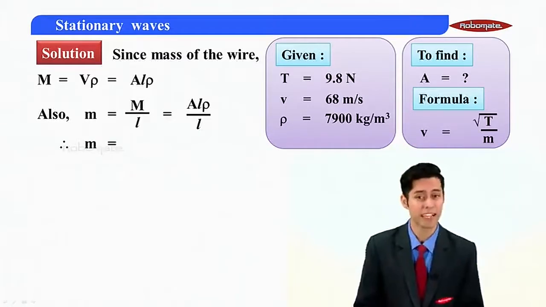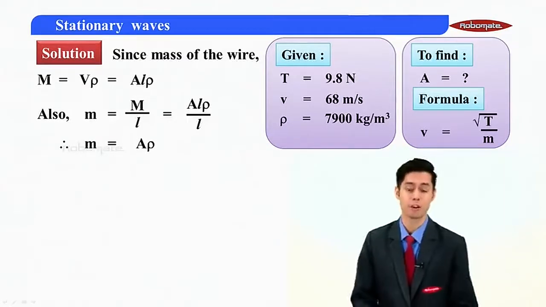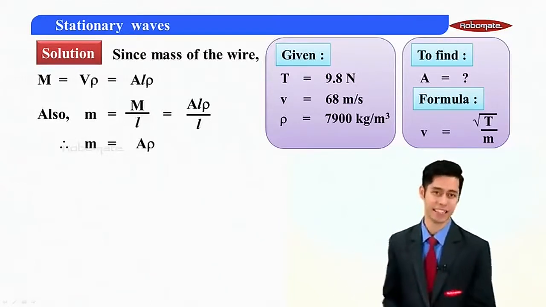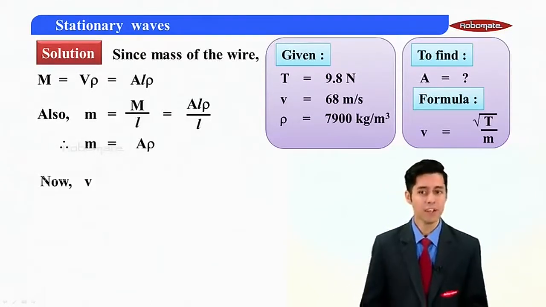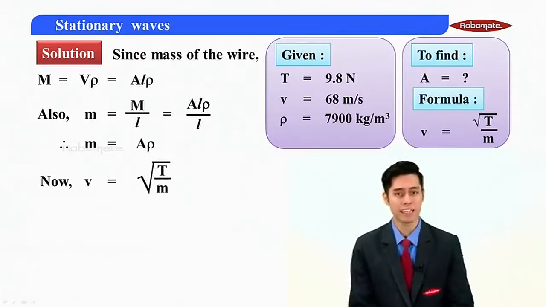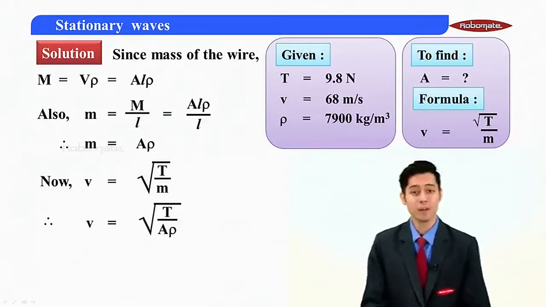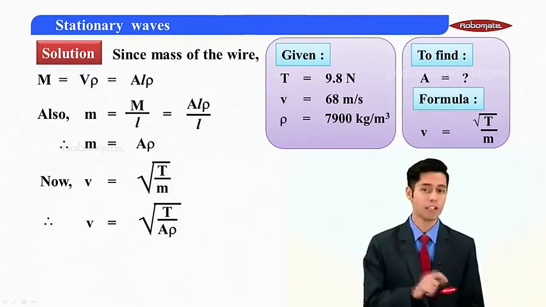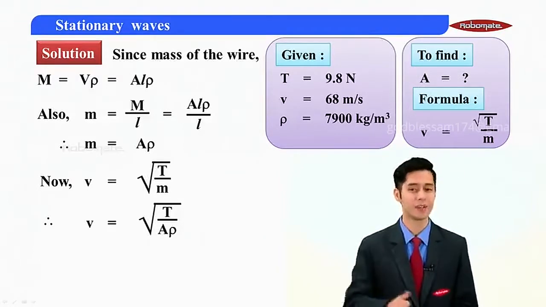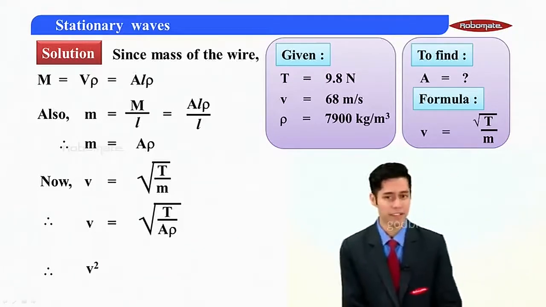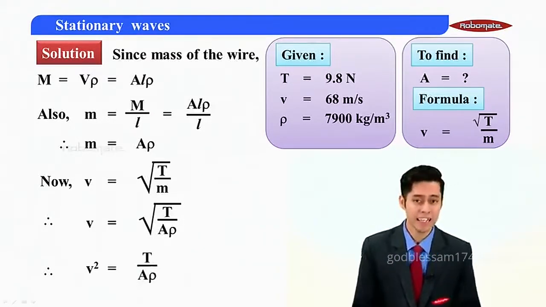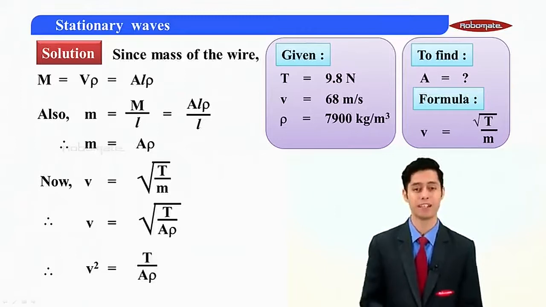Length and length get cancelled and the final answer is area into density. Moving ahead, we know that velocity is under root of T by m, which is under root of T upon area into density. In the similar way, V square will be T divided by area into density.